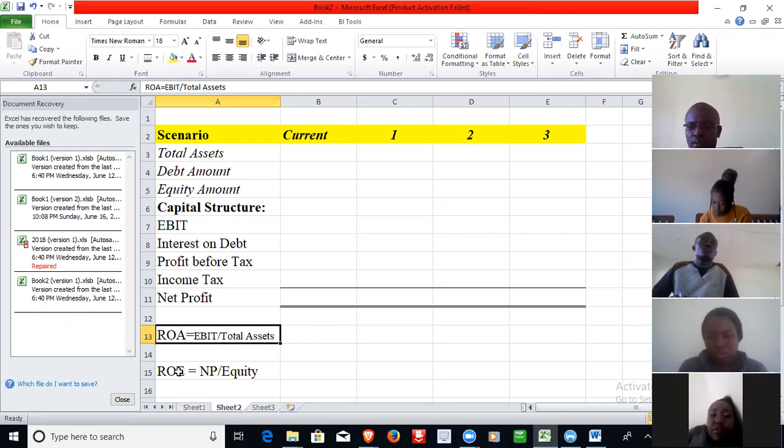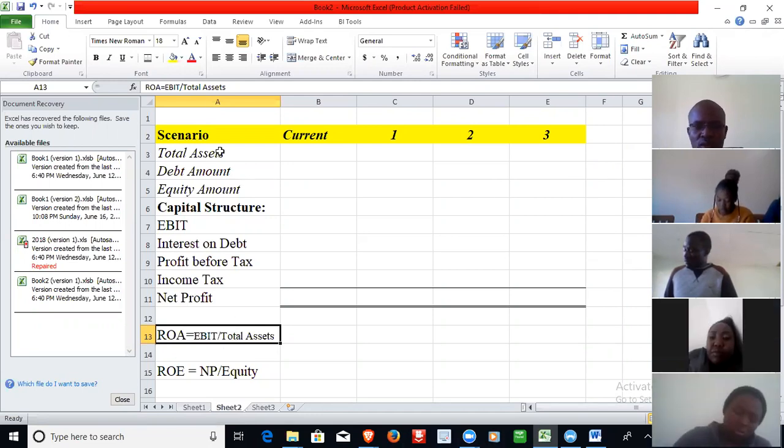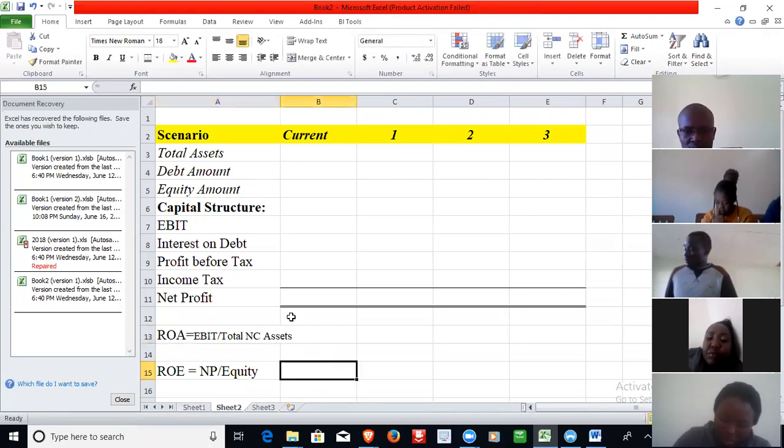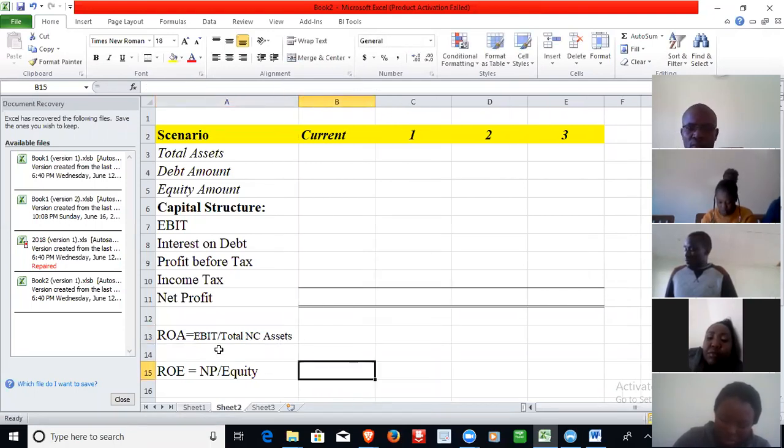So how do you calculate return on assets? Return on assets is earnings before interest and taxes divided by total non-current assets. Together. That's the formula for assets.